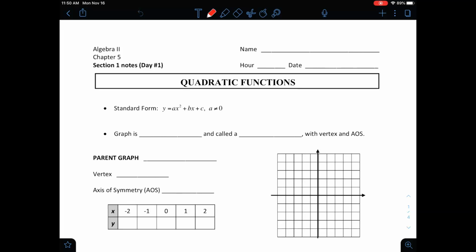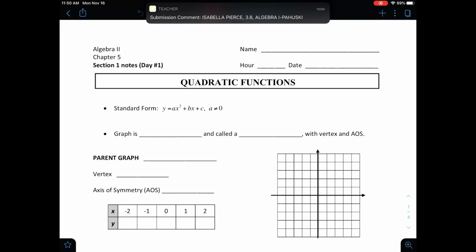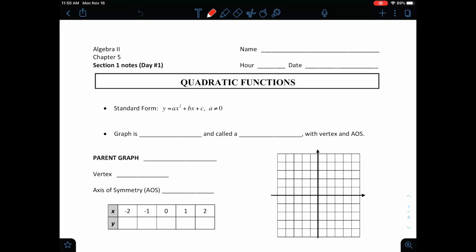There are a couple of variations of quadratic functions, the forms in which you can write the equation. We have standard form, vertex form, and factored, or intercept form.